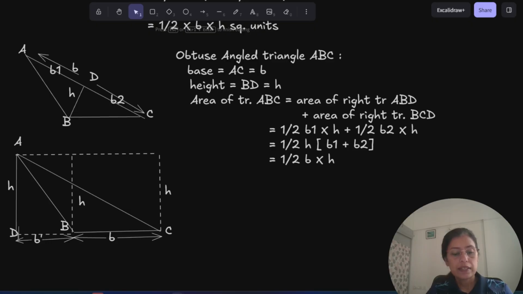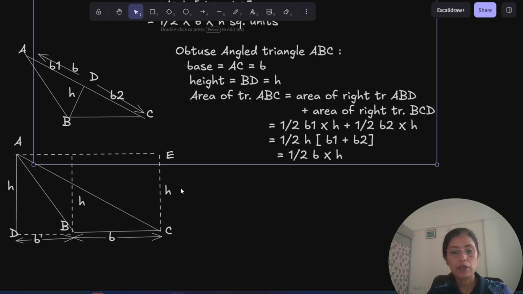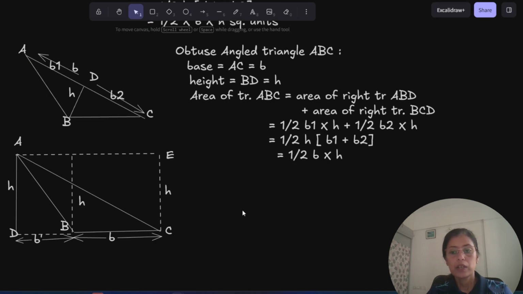I'll call this D, the height AD, which is equal to H. And this is drawn from the vertex A on base BC. So what do we see here? And I'll name this also wherever this is intersecting, right? I'll call it E, because D we have already taken. So I will take the letter E.